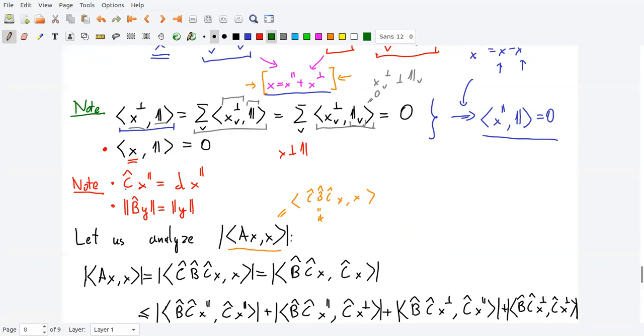First of all, if I apply my matrix C hat on X parallel, recall that X parallel is constant on every cloud. On every cloud it is parallel to all ones.